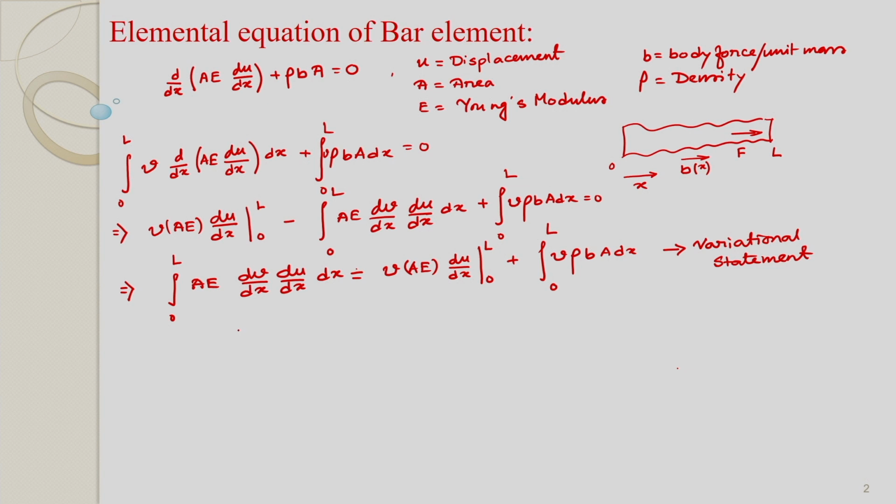Now, there can be two boundary conditions. One is U is prescribed. If the dependent variable is given, then V is 0, that is, the variation is 0.